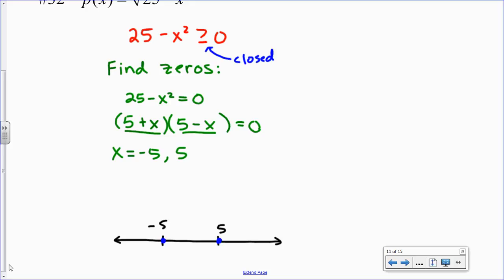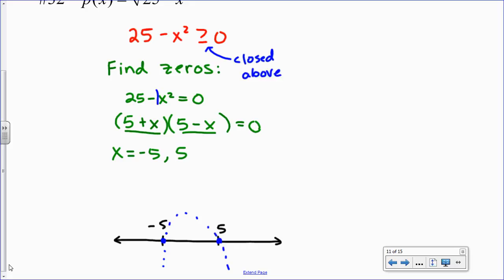So now I need to look at my parabola. So what is the leading coefficient? -1. So this is not in standard form. My leading coefficient is right here. It's -1. So what does that mean about my parabola? It opens down. And it's greater than, so you want the part that's above.